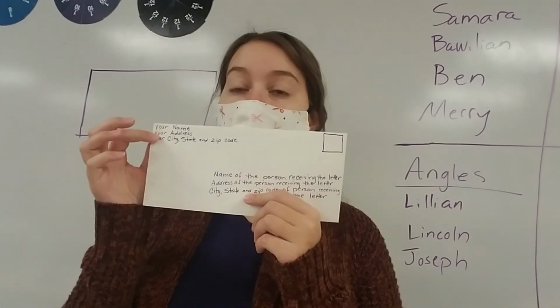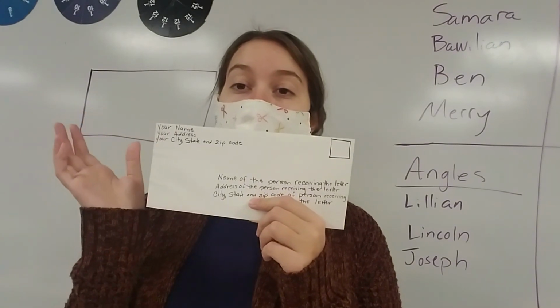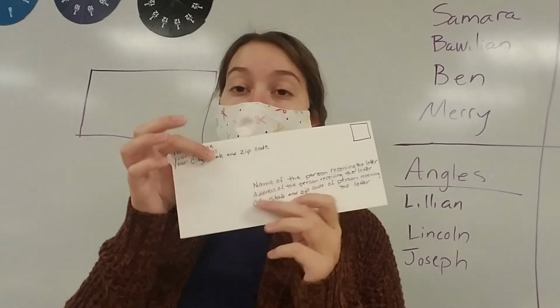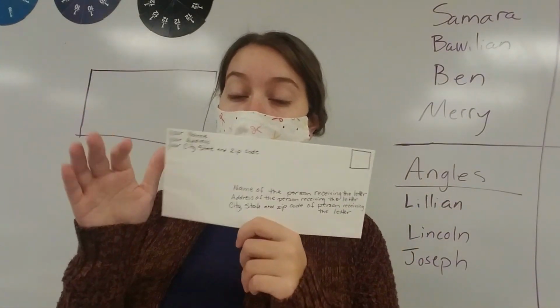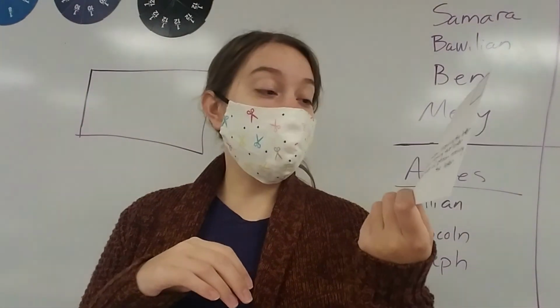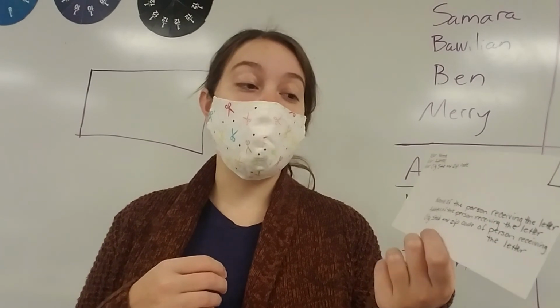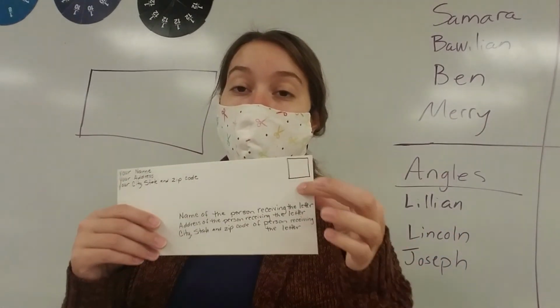So right here it says your name, your address, your city, state, and zip code. That goes up here. So your information. Down here is the name of the person receiving the letter, the address of that person, and their city, state, and zip code. Okay? And then a stamp.